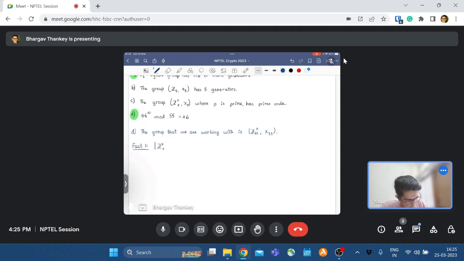The size of this set, or rather let me make it this.